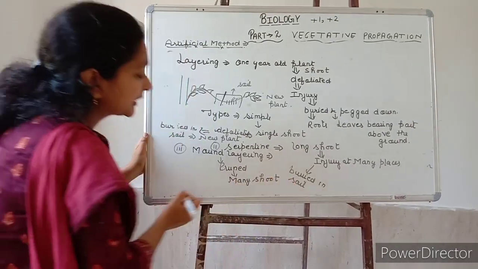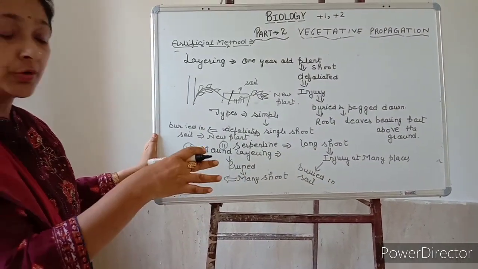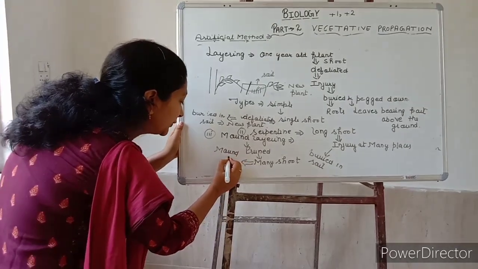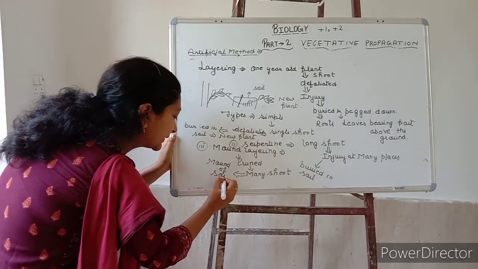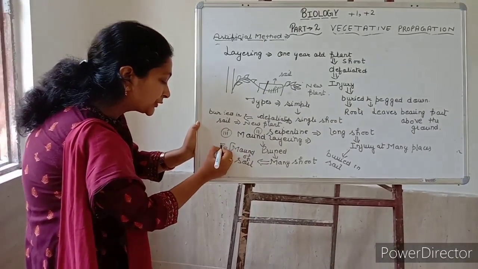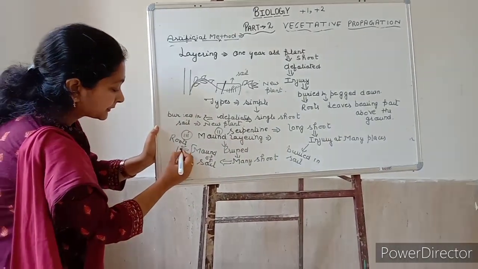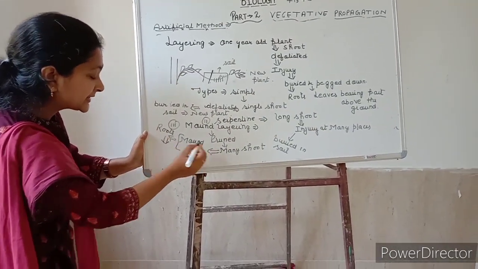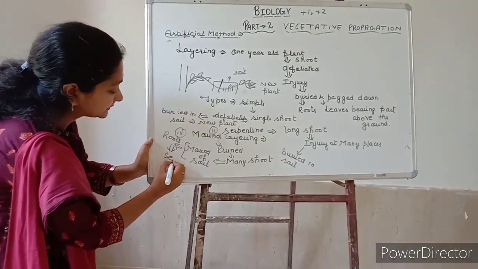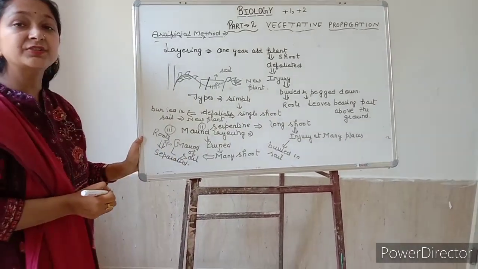And these shoots are covered in a mound of soil. After some time, all these shoots develop roots, and these can be separated to form many plants. Example is cherry.